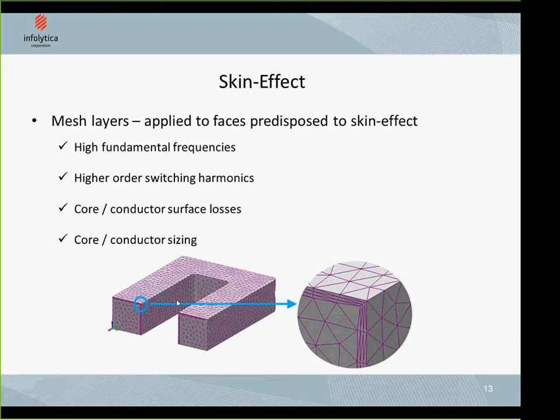In this case, the top face and the inner faces are the ones predisposed to skin effect. So we apply mesh layers, and as you see in the zoomed-in version of the corner, we have fine mesh layers that are able to emulate the skin effect. And then you can have coarse mesh settings for the rest of the component, which increases your numerical efficiency.